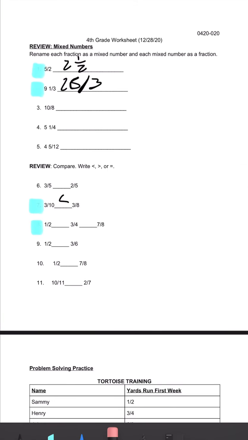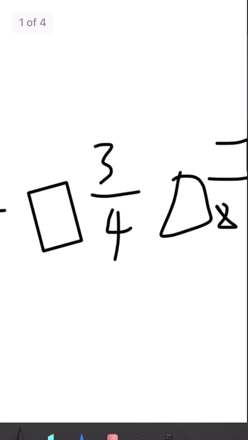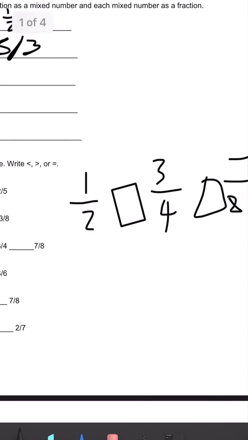We have 3 numbers this time. So first we're going to make them all into common denominators. We have 1/2, 3/4, and 7/8. Just by looking at this, we know we have to fix these into the common denominator of 8.